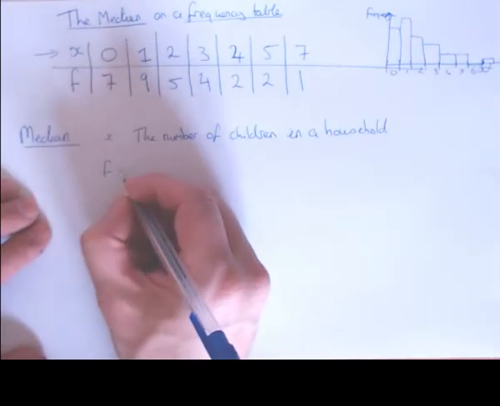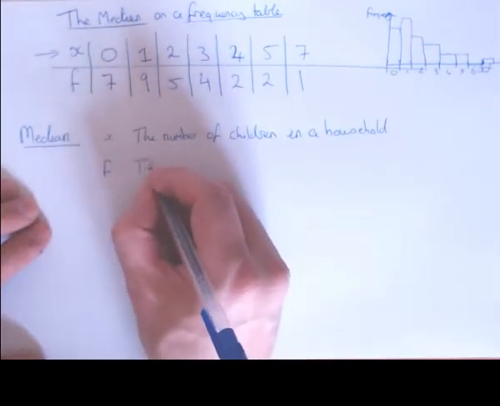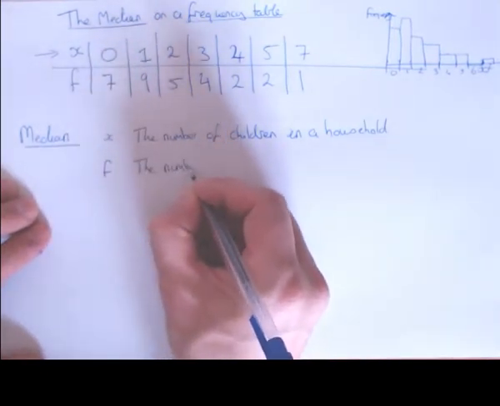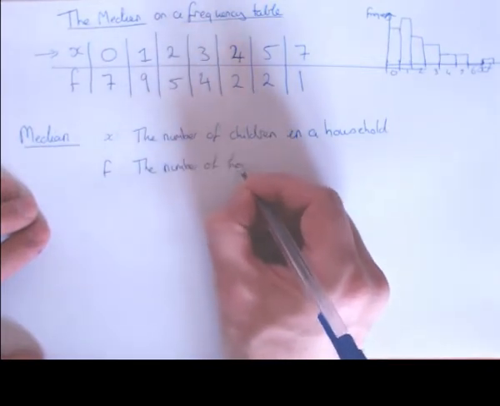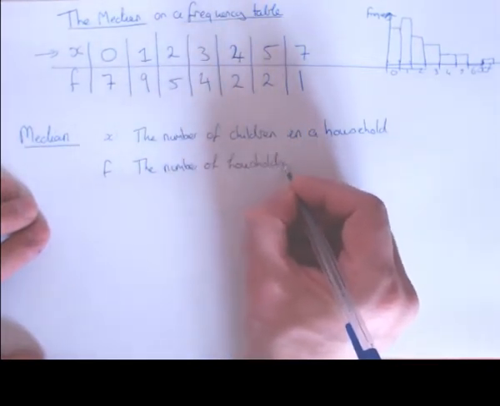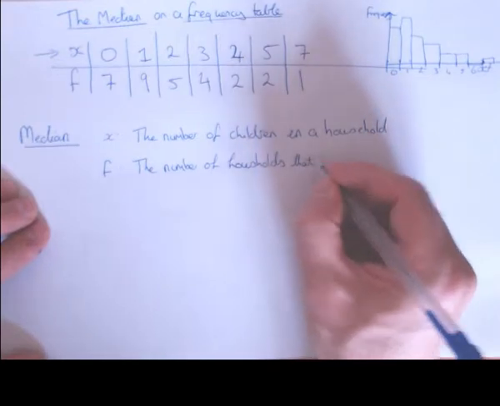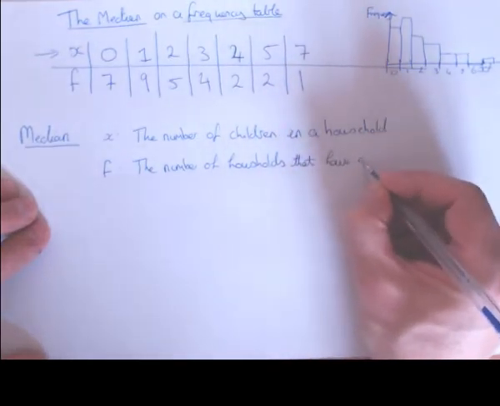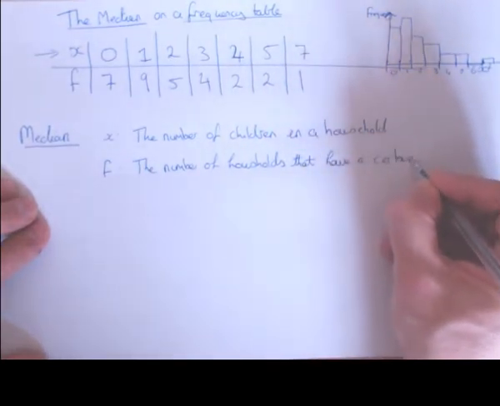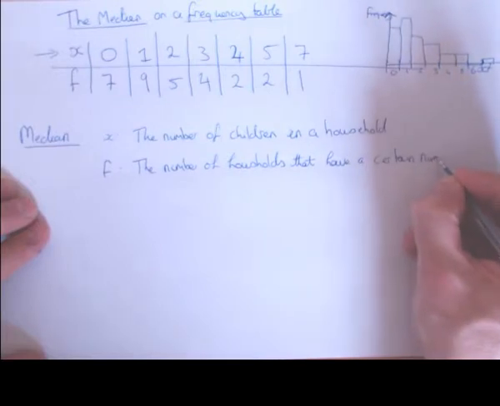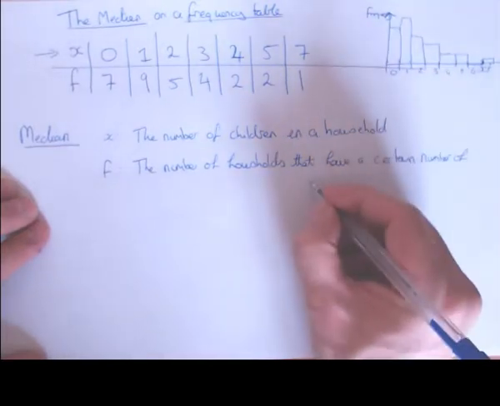And F, the frequency, is the number of households that have a certain number of children.